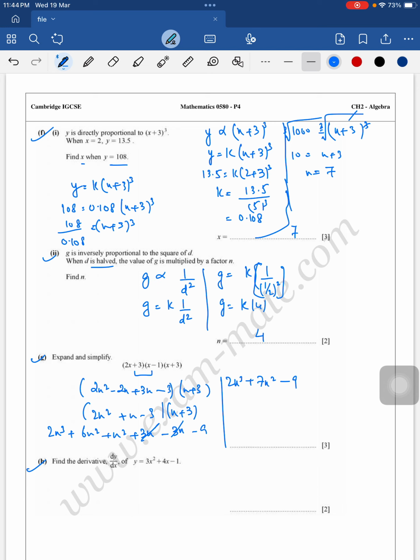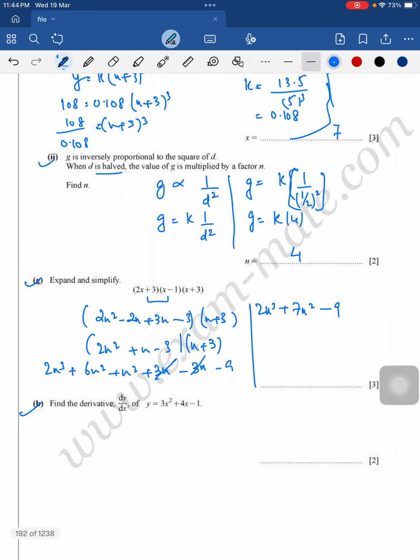Part H. Find the derivative dy over dx of y is equal to 3x squared plus 4x minus 1. So it's a very simple derivative. So dy upon dx is equal to 2 gets multiplied with this 3, 2 times 3 is 6, x to the power 2 minus 1, 1.